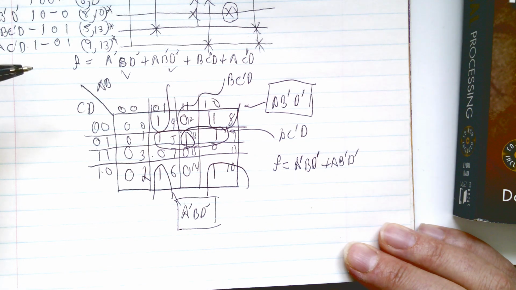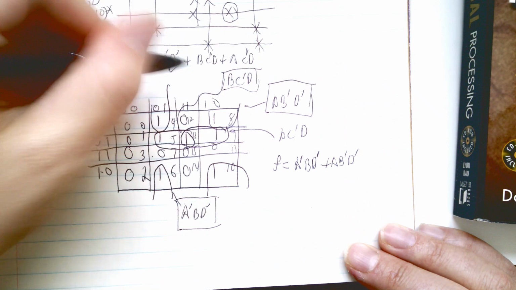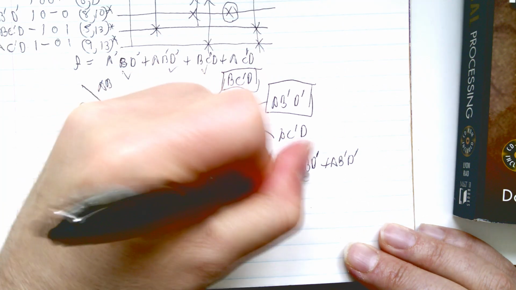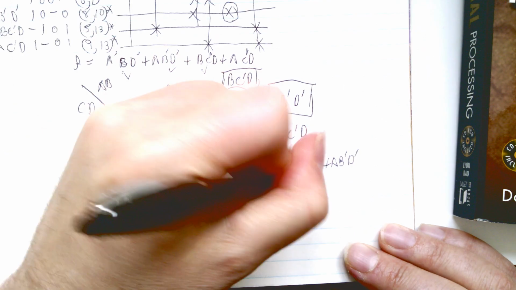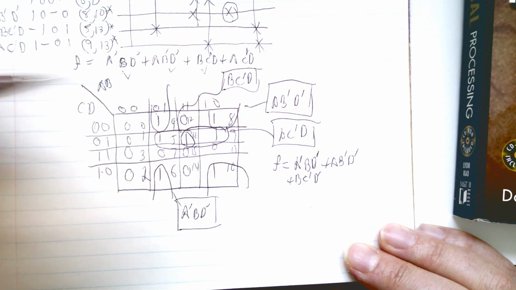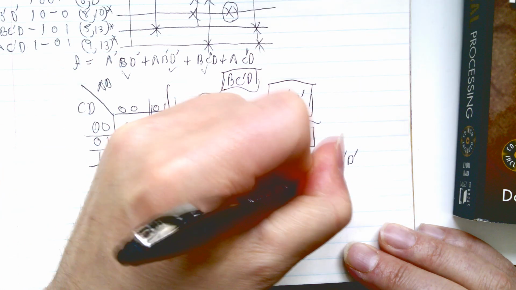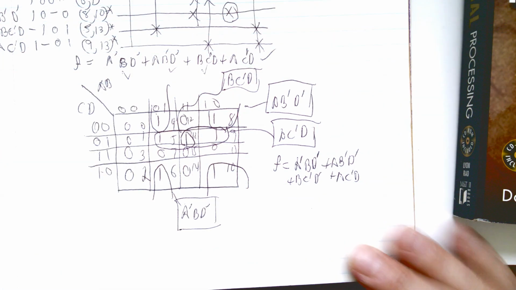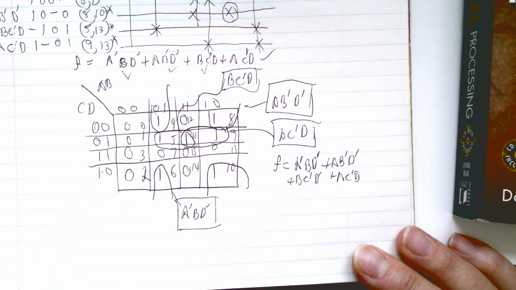We can write out B, C prime, D, and that checks. And finally, we can write out A, C prime, D, and that checks. So now we have validated the Quine McCluskey method against the K-map.